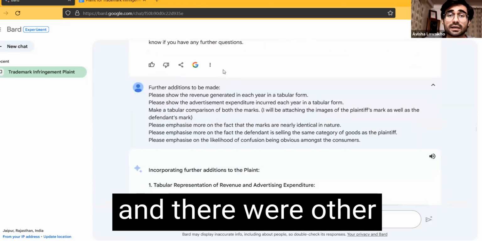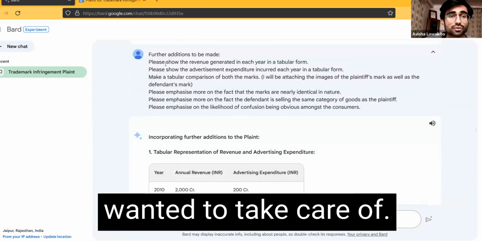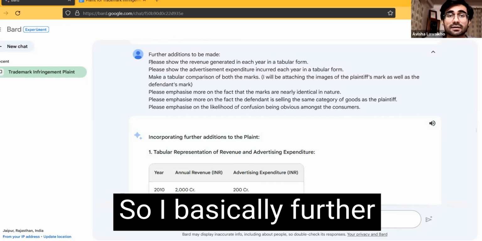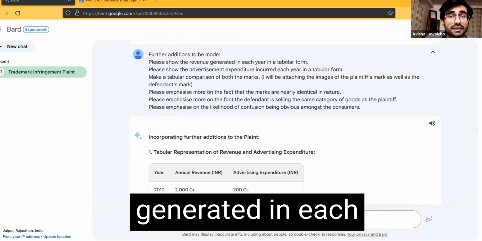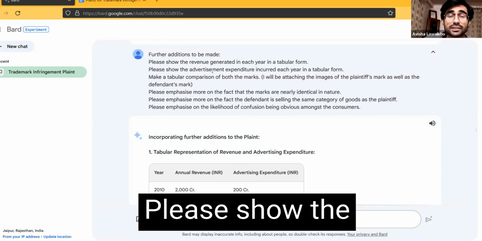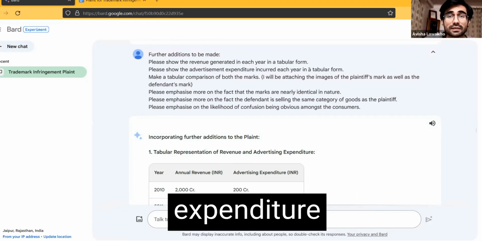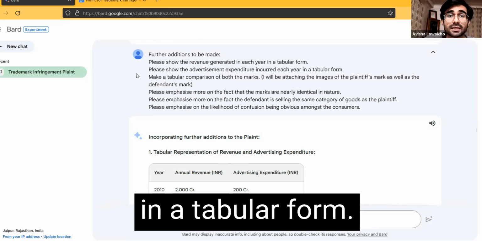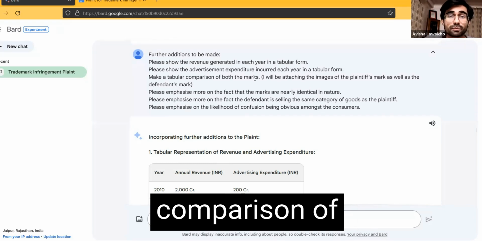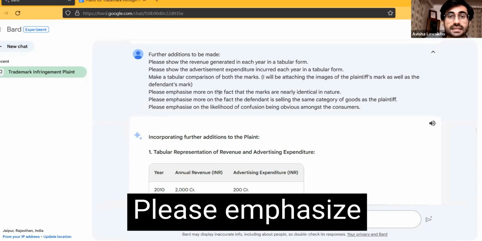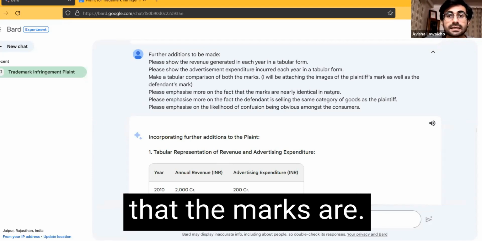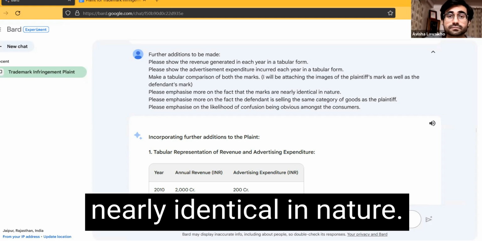And there were other things also that I wanted it to take care of. So I further gave it a prompt: please show the revenue generated in each year in tabular form. Please show the advertisement expenditure incurred each year in tabular form. Make a tabular comparison of both the marks, so both the marks should be compared side by side. Please emphasize more on the fact that the marks are nearly identical in nature.